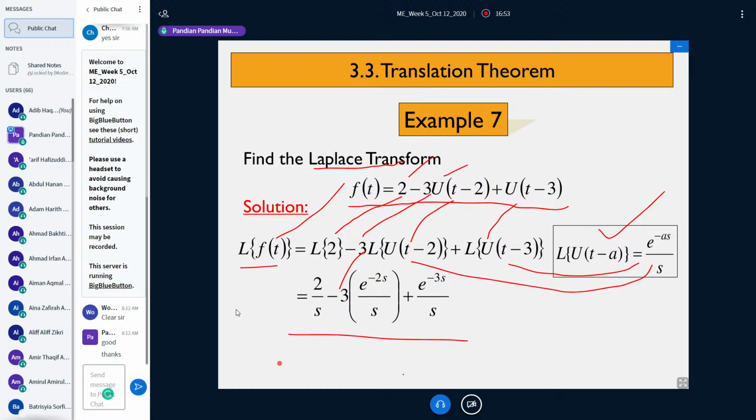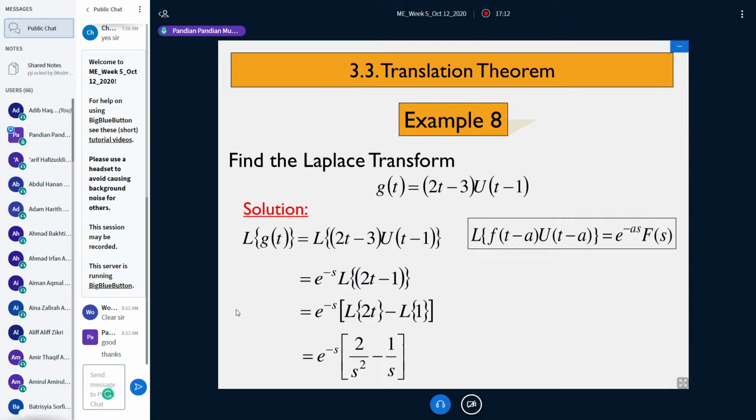That is formula number 7. This formula, if possible, you memorize it. It will be good for you. If you are not good at memorizing these formulas, please refer to this very frequently. Now we move on. Example 8. At any point, you can stop me.